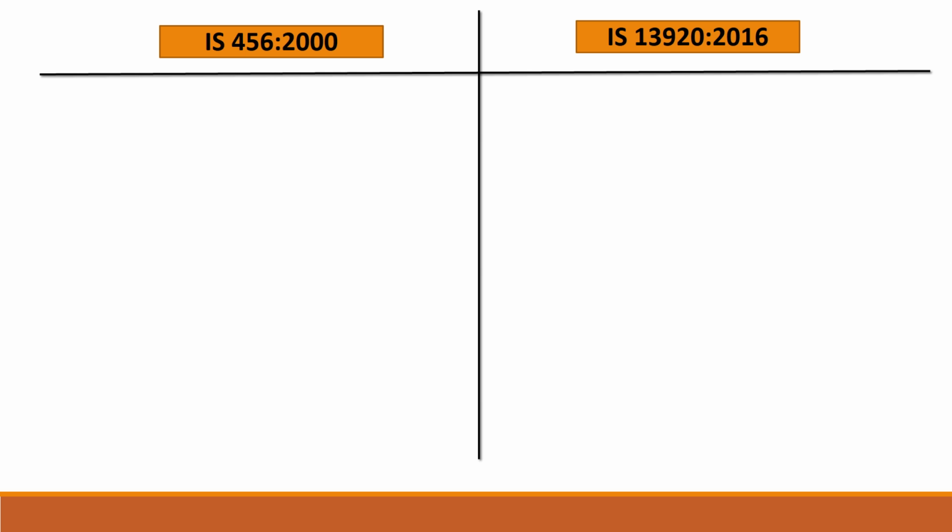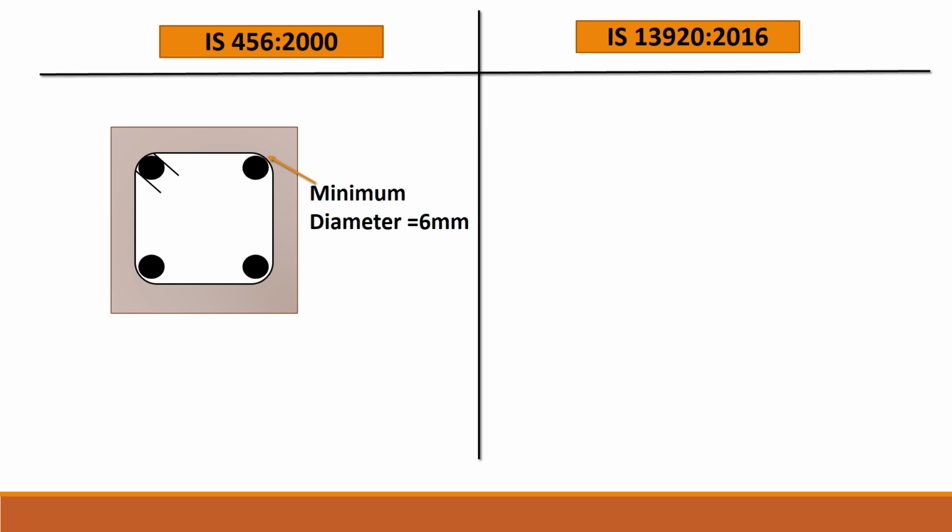In case of IS 456, if we are taking the stirrups, the minimum diameter of the hook-shaped stirrup is 6 mm, and the spacing between the longitudinal bars has to be maintained.